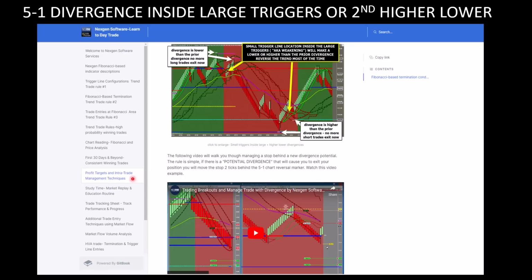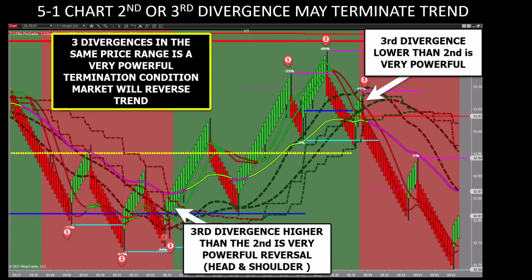From the management section, right? There's a lot of talk of divergence, second lower divergences, second higher divergences, three divergences. And when we talk about three divergences, I'm talking about 1, 2, 3 from the same area makes the trend reverse. 1, 2, 3 from the same area, especially with the second or third one lower, makes the market reverse.